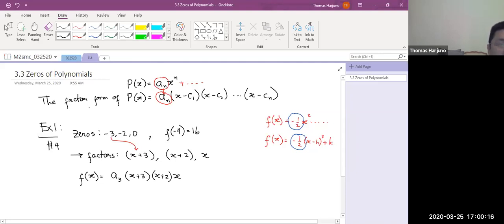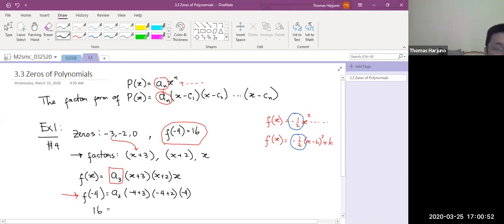Now, how do we find this leading coefficient a sub 3? What we can do is plug this in. So f of -4 equals a sub 3 times (-4 plus 3), times (-4 plus 2), times -4. f of -4 is 16 according to what they give us.